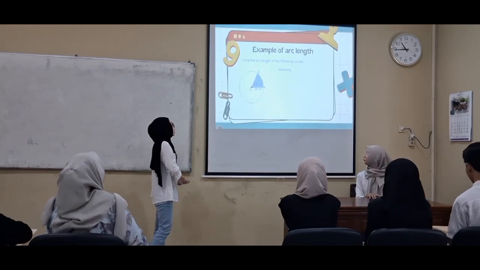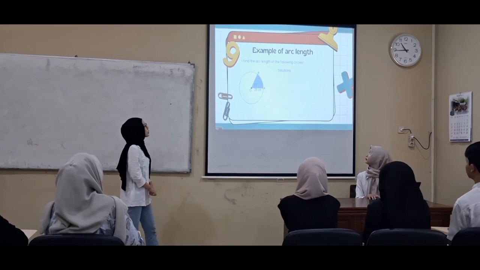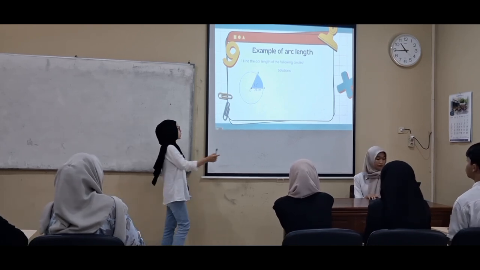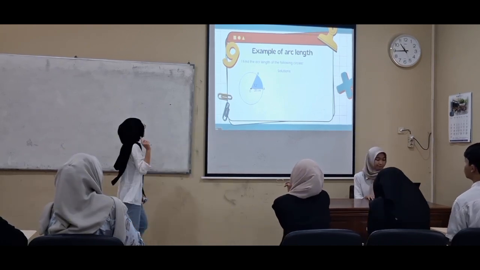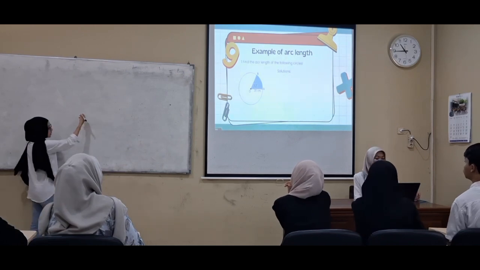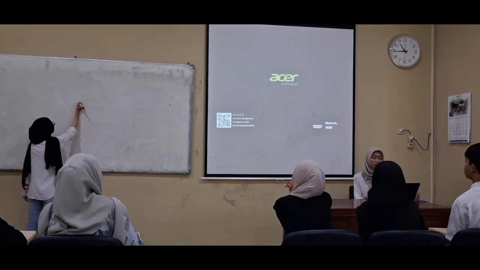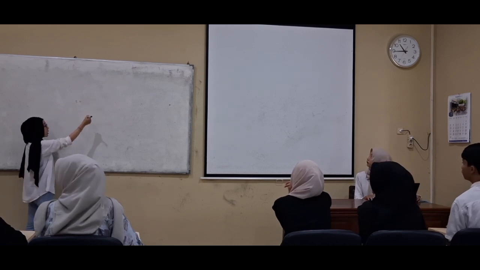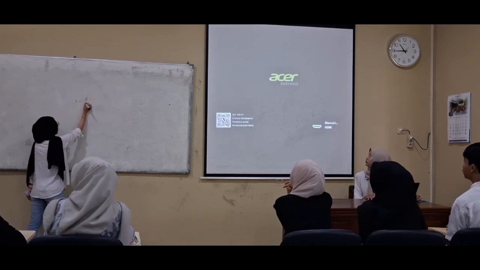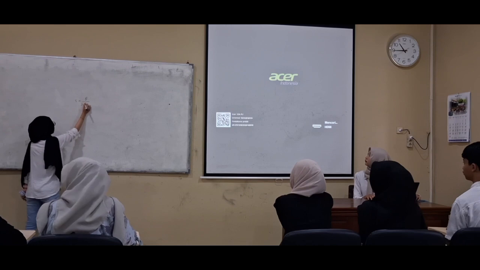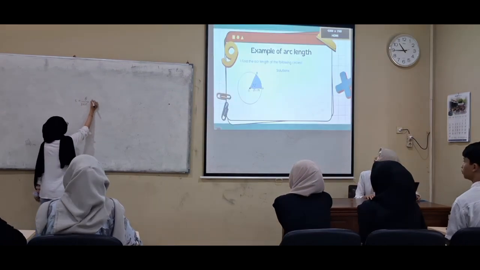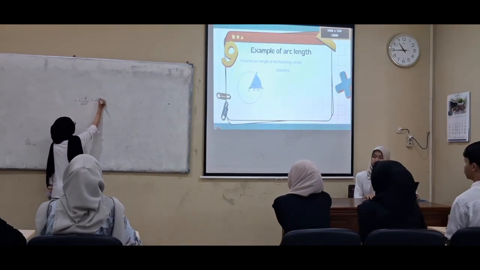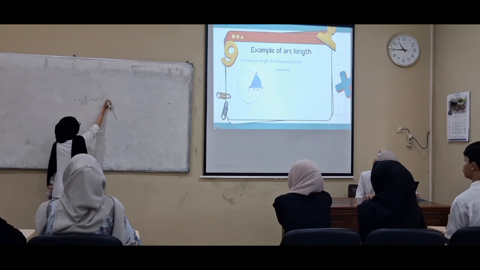Example, find the arc length of the following circle. Let's look at the picture. The first step, you write the formula. The formula is S equals theta over 360 degrees times 2 times pi times r.